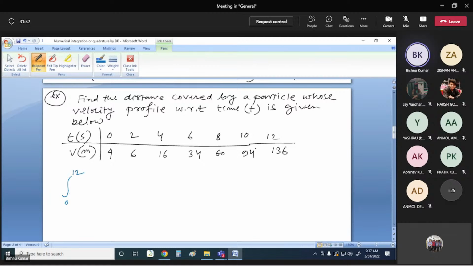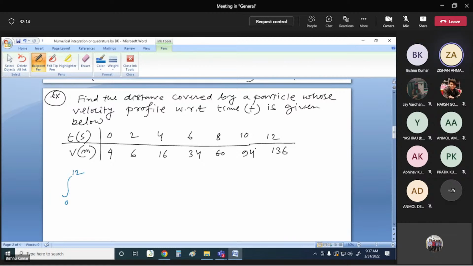So what will be this? I am writing the direct answer. If you are able to remember or recall this formula, just try to remember this. Outside h by 2, within the bracket: first point plus last point plus 2 into intermediate y points. Within the bracket, all are y ordinates. So h by 2. What is h here? 2.